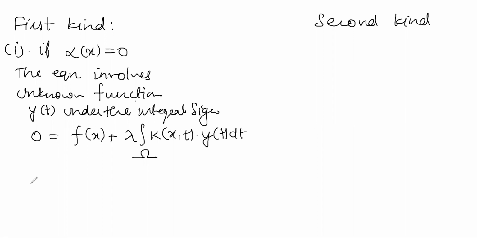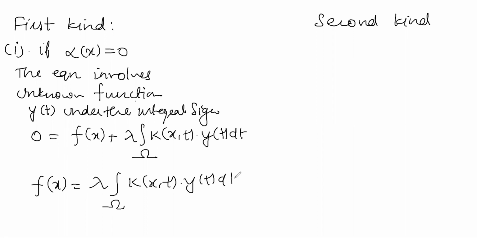I can easily express this f of x equal to, you may write lambda, you may write minus lambda, that will be taken care of, but its general type will be like this. This is your first kind integral equation.